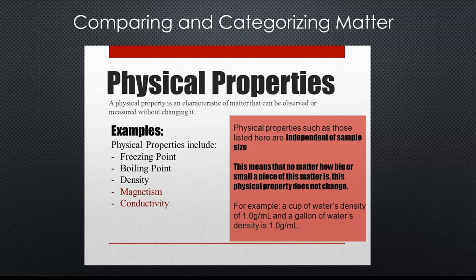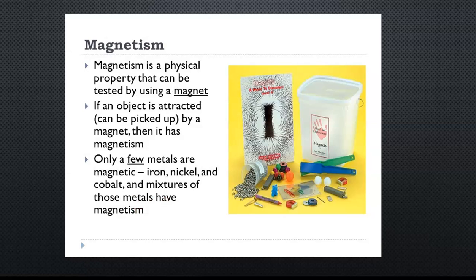All of it is going to have the same boiling point. The density of it is going to remain the same throughout the entire sample. Whether it's magnetic or whether it's a good conductor, all of those things are going to stay the same, even if it's teeny tiny or a really large sample.